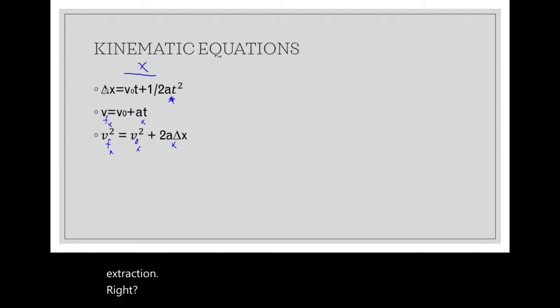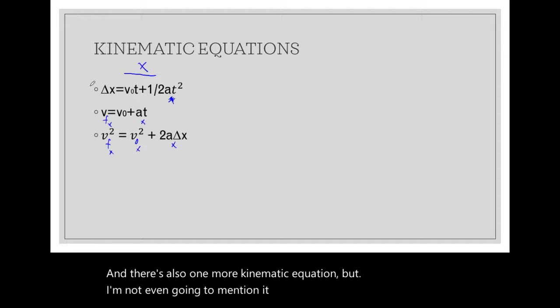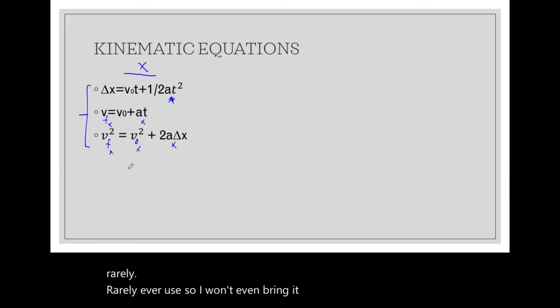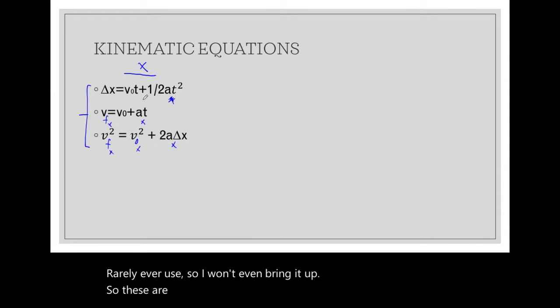There's also one more kinematic equation, but I'm not going to mention it. These are basically the three main ones. There is a fourth you'll see in class, but it's rarely used, so I won't bring it up.